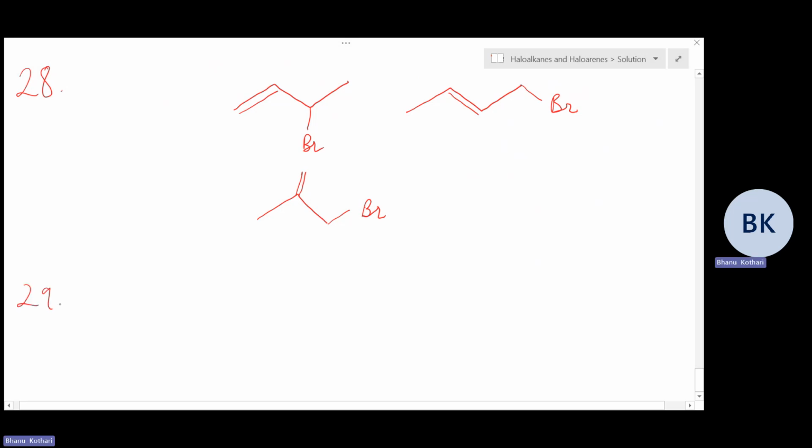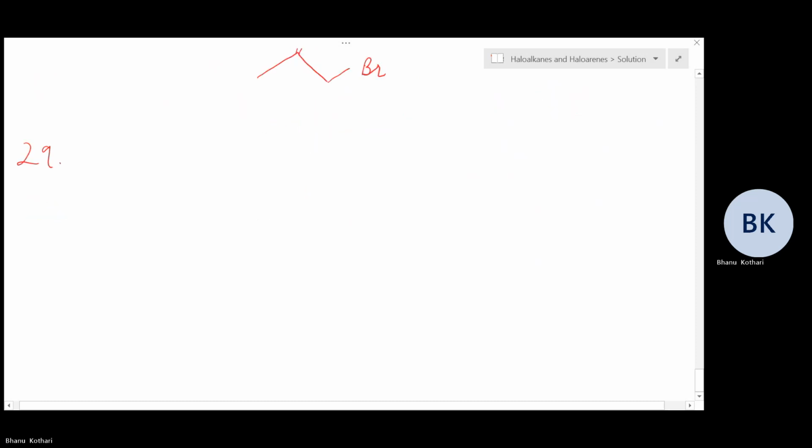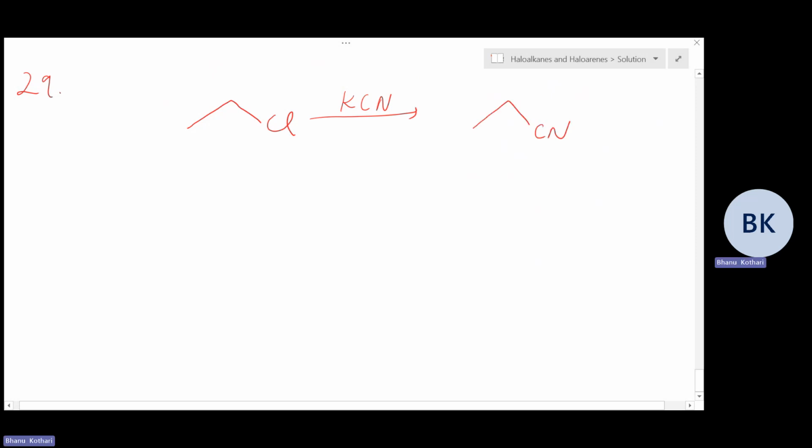Question number 29. What is the molecular weight of the main substitution product formed when ethyl chloride is treated with aqueous KCN? There's ethyl chloride and it's treated with KCN. So it will form the nitrile, right? So what is the molecular weight?